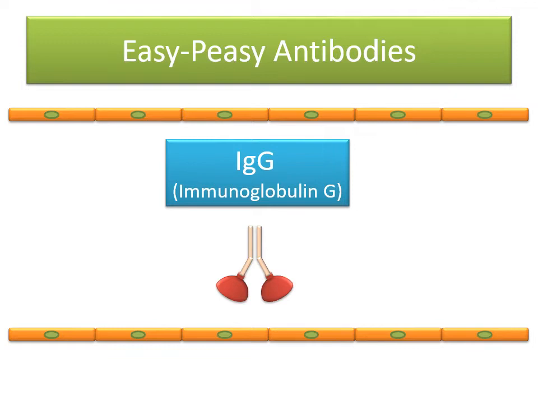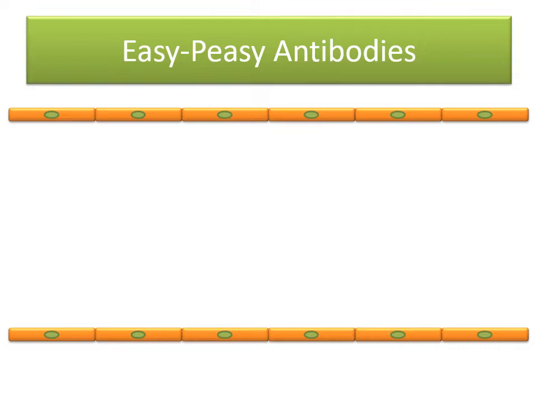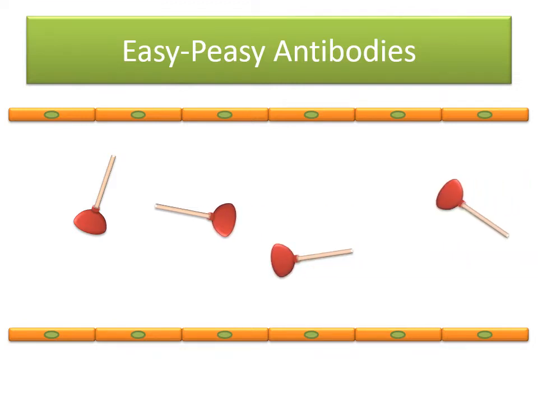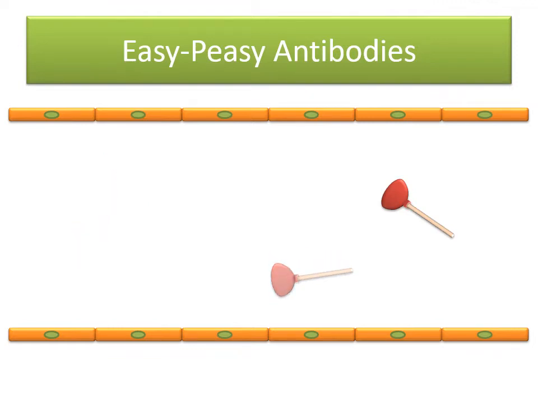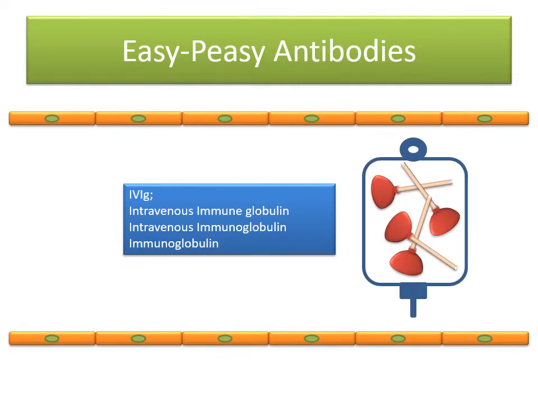So let's hear a little bit more about antibodies. All of us have antibodies in our blood and tissues. They're present at very high levels, and they help protect us from infections. Not everybody has antibodies in their blood. Patients with primary immune deficiency, as one example, don't have antibodies, and these patients can have increased chances of getting infections.